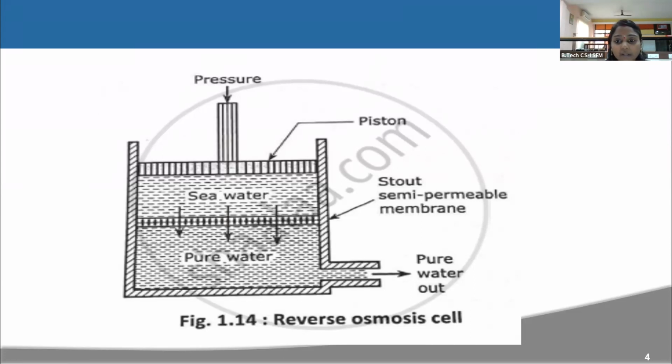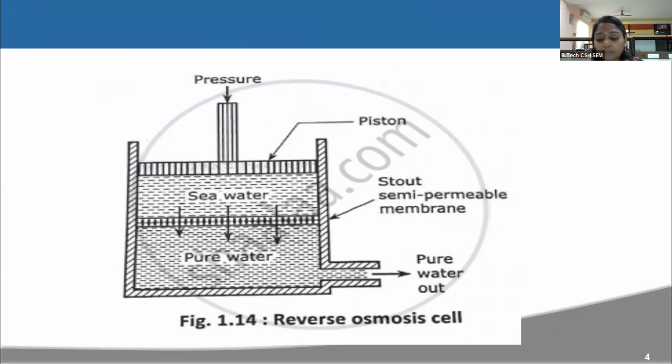What are the chemicals we use in the semi-permeable membrane? Anybody? Three chemicals we use.